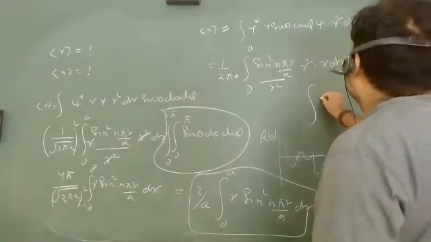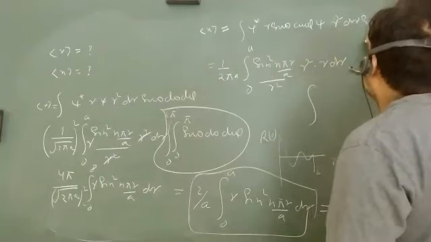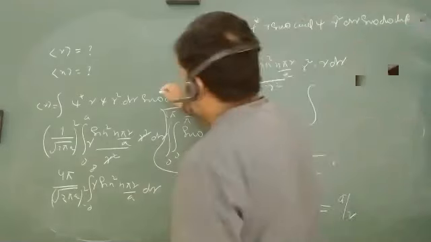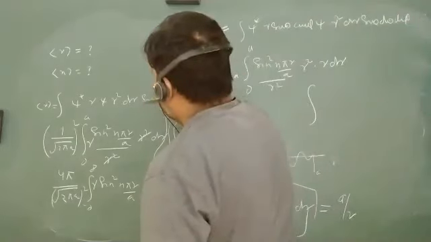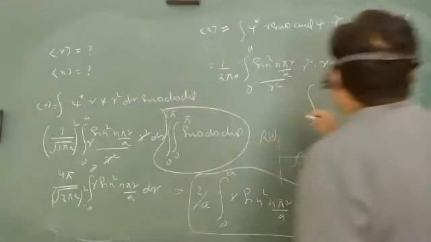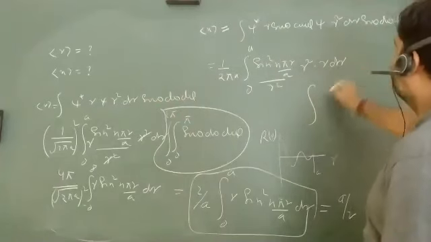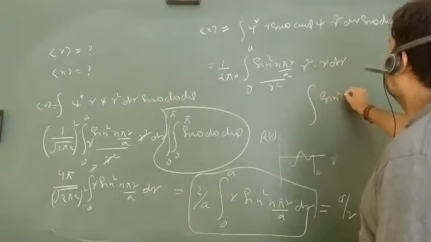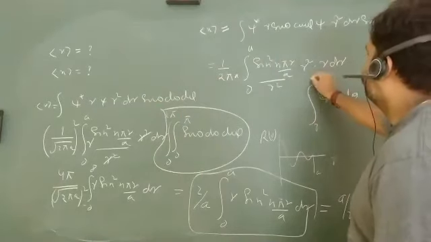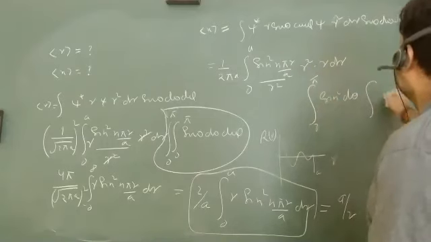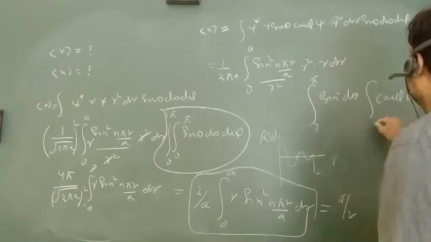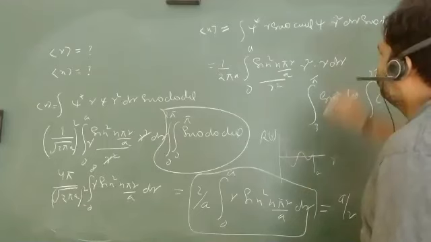So what will be the angular part? r square, sorry, r square sine theta, so this will be sine square theta d theta 0 to pi, and another is cos phi d phi 0 to 2 pi.